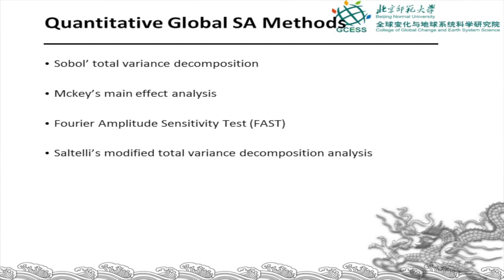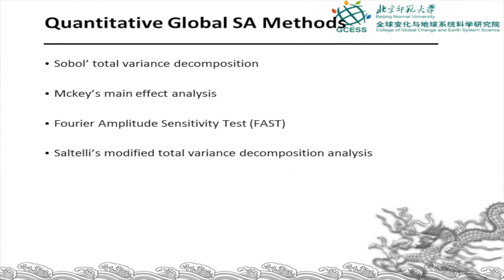There is also a quantitative approach. The quantitative approach tries to not just understand the importance of parameters, but also the contribution of the importance. That means relative importance. So there is variance decomposition, where you look at a variable and ask how much that variable contributes to the total variance.